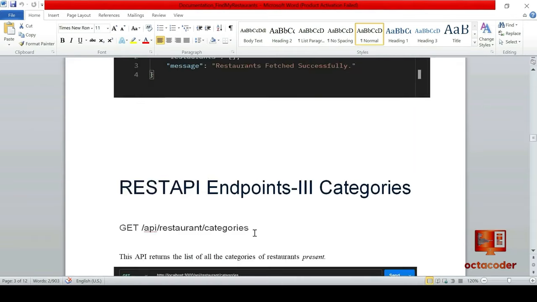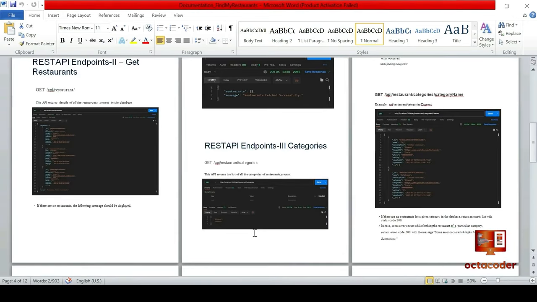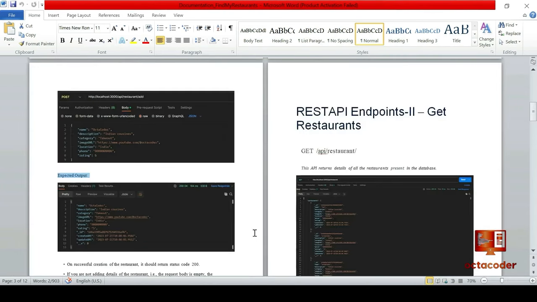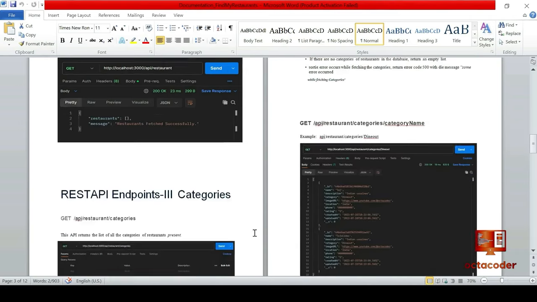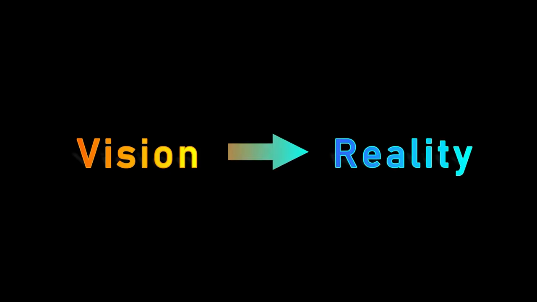So fellow coders and culinary enthusiasts, we are about to embark on an exciting coding journey. With Node.js, Express.js and MongoDB at our disposal, we'll transform the Find My Restaurant vision into a reality that users will delight in exploring. Let's dive in and turn this vision into finely crafted reality. Before we begin, don't forget to grab your favorite snack, a trusty companion for our coding escapades.